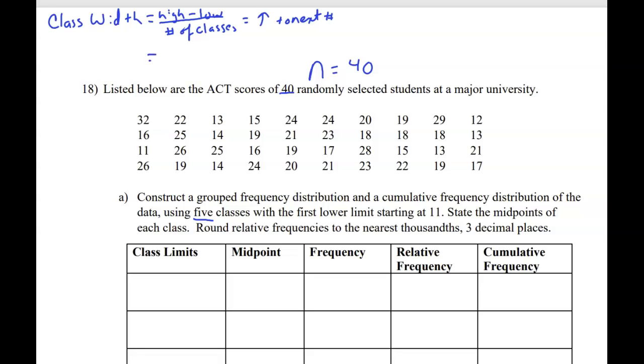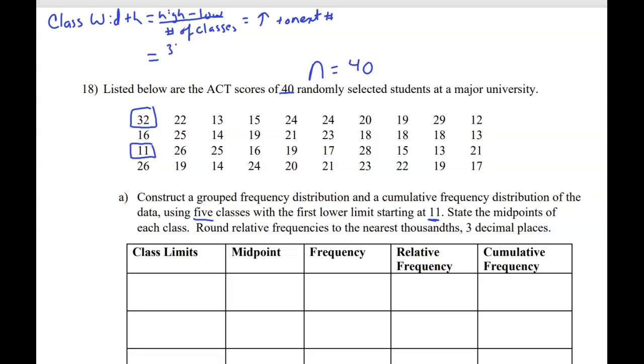So our class width here, we go through here and we find our largest value, which is going to be 32. And this kind of tells me my smallest value. My smallest value is going to be 11.